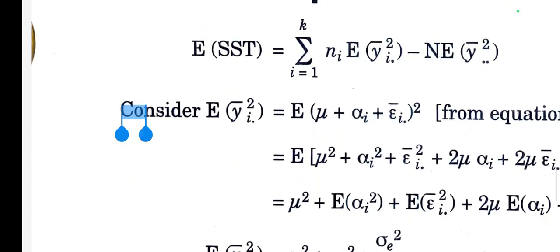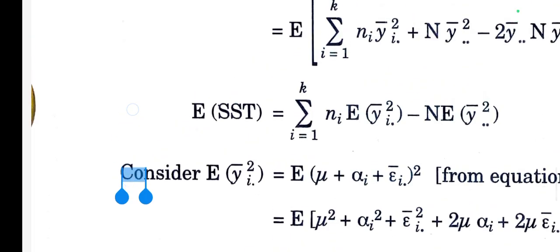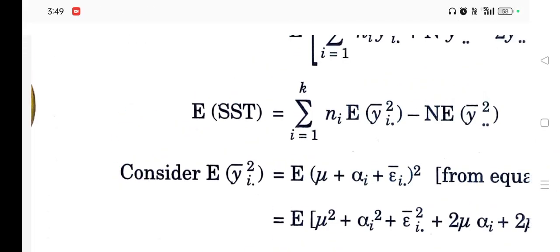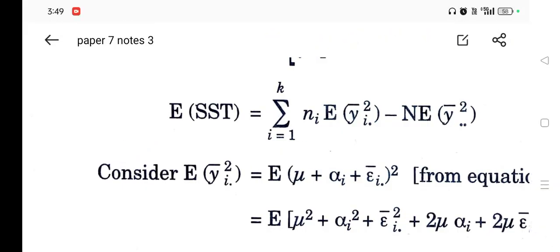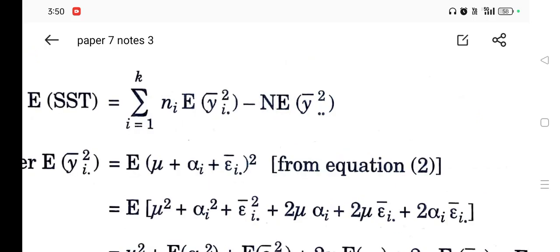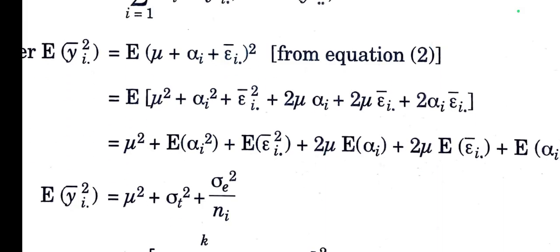Consider the expected value of y bar of i dot whole square, which equals, using the formula, mu plus alpha i plus epsilon bar of i dot, whole square. We are applying the a plus b whole square expansion, squaring and summing over.